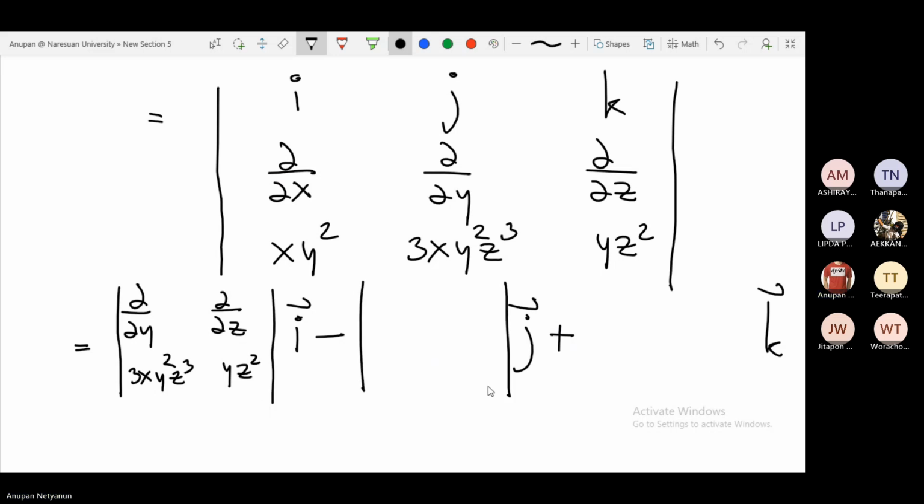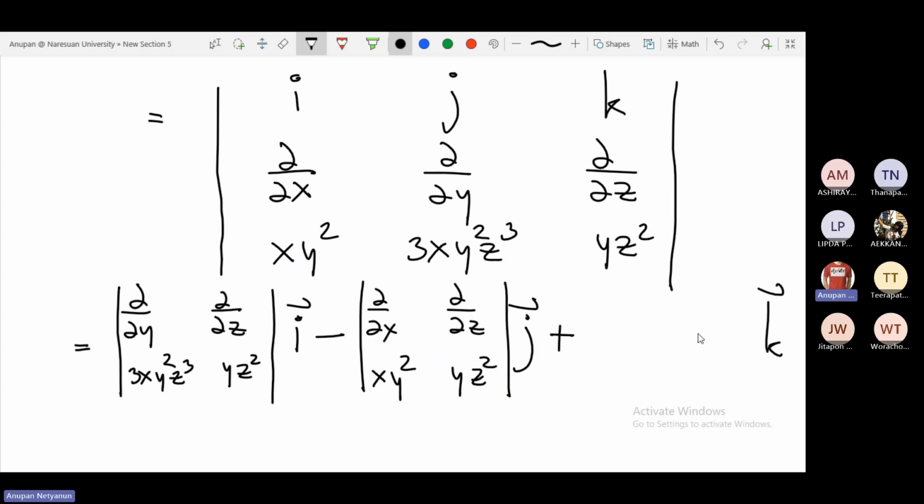And if you want to know the coefficients of J, close the column that has J and the row that has J. So you are left with partial by partial x, and then xy squared, and then partial by partial z, and then yz squared.